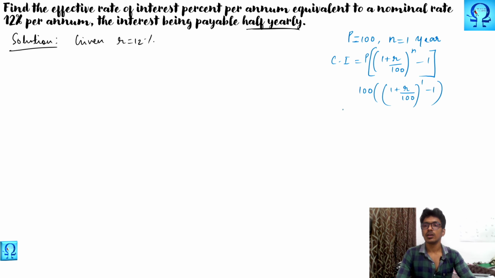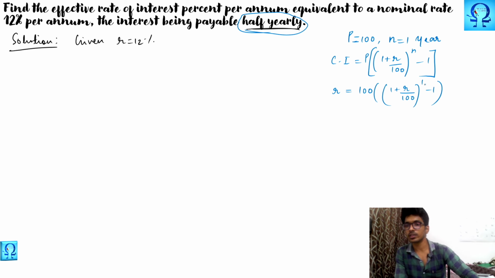In that case, the interest that you are going to earn is r, right? So this is actually happening. The same idea we are going to implement to this effective rate. Since we are calculating half yearly, we will replace r with r upon 2 and n with 2n.